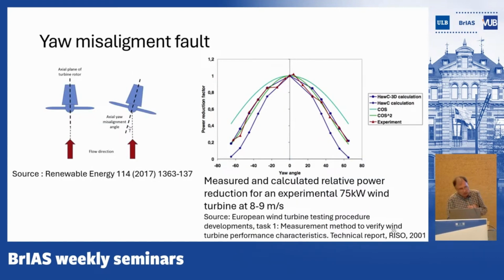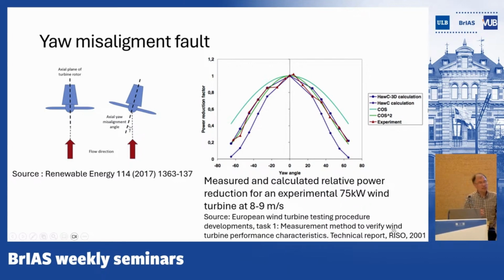And what is our aim? Our aim is to detect certain malfunctions in our wind turbine. A possible malfunction is what we call yaw misalignment. In yaw misalignment, the nacelle is not facing the wind anymore. There is a misalignment, so an angle gamma which is non-zero.